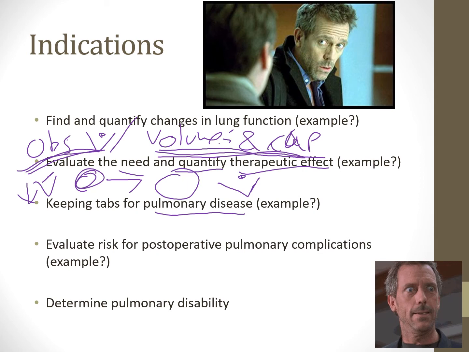If we see that their flow rates keep decreasing faster than what they should for their age, then we might be able to step in and add something like an inhaled corticosteroid, and we can add different types of therapy that can help reduce the decline if they're declining too fast. So we can actually keep tabs, trend it, and know when we're going to go into different categories of therapies.